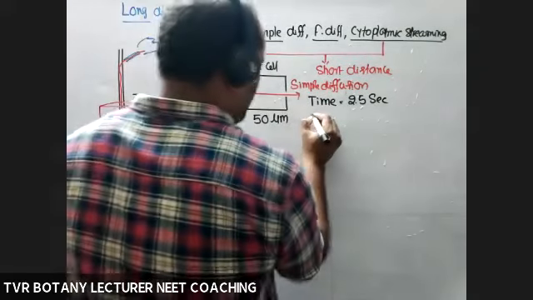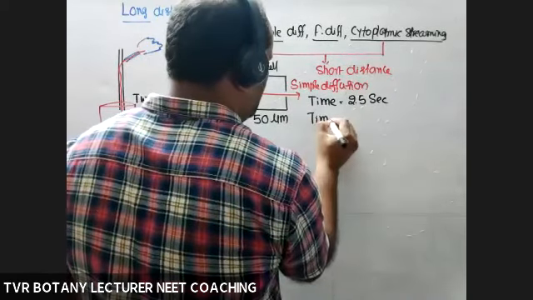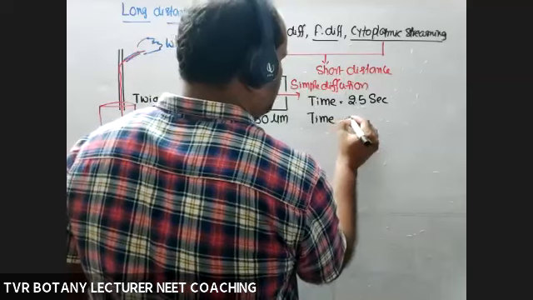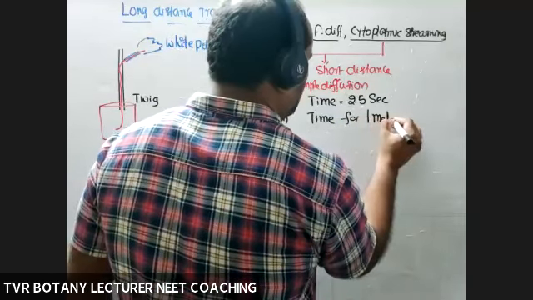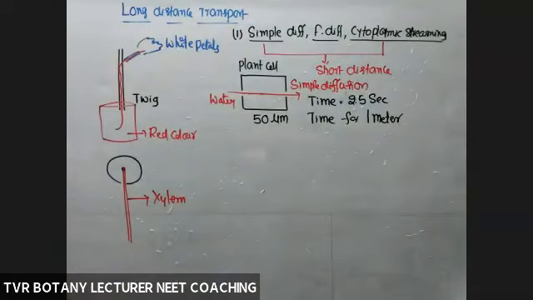So now the time required for water to travel 1 meter by simple diffusion. How to calculate? How many days will it take for transportation of water up to 1 meter distance? How much time is required? How many days, how many years are required?